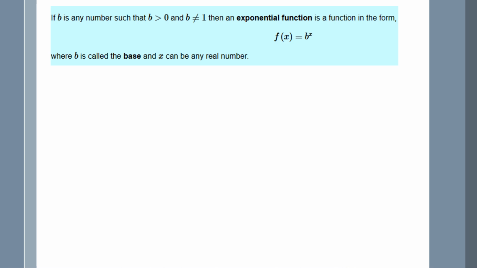So guys, f of x is just saying y equals b to the x. Well, b is called the base and x could be any real number. So x is just the exponent, y'all.